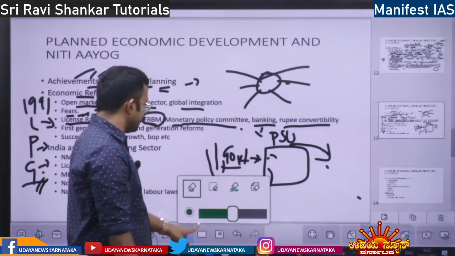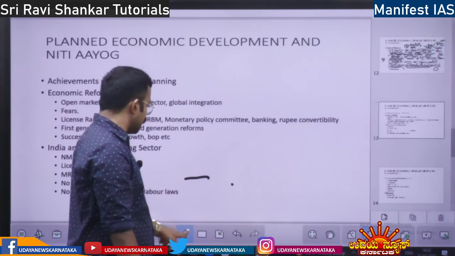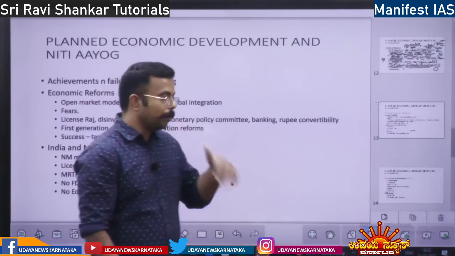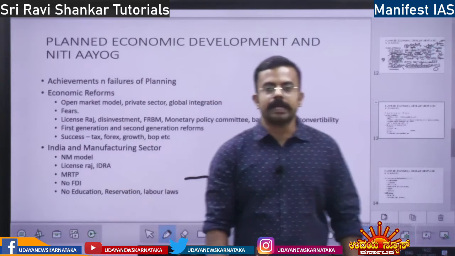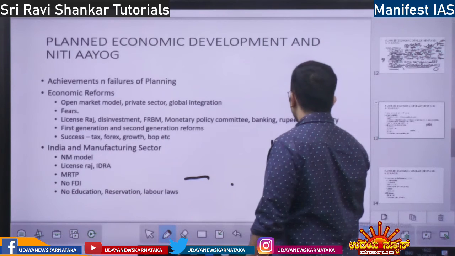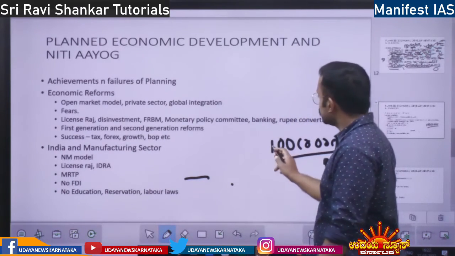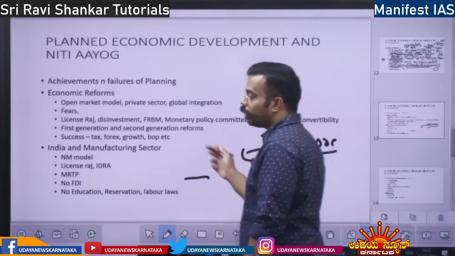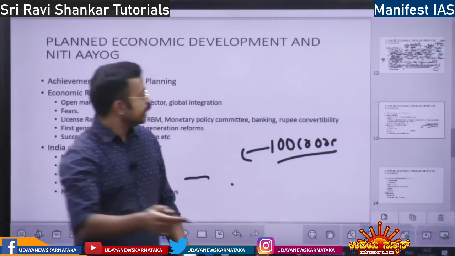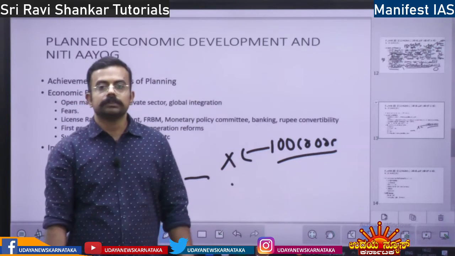If a foreign company comes to India and brings in some money to invest, and they get some 100 crore rupees profit, then this entire 100 crore, if they want to take it back to their home country, let us say America, it could not be converted into dollars.